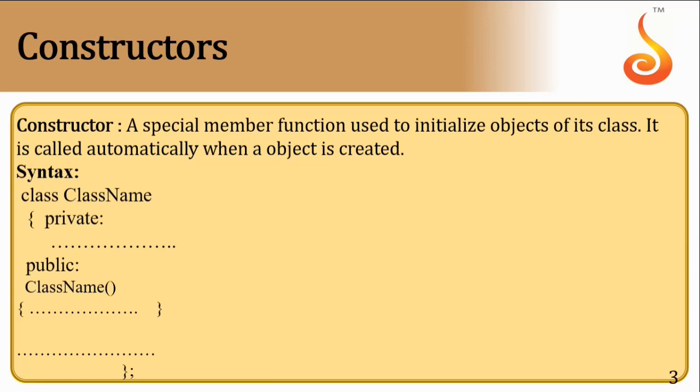A constructor is a special member function used to initialize objects of its class, that is, to give initial values. It is called automatically when an object is created, whether you write it or not. What is an object? An object is an instance of a class.